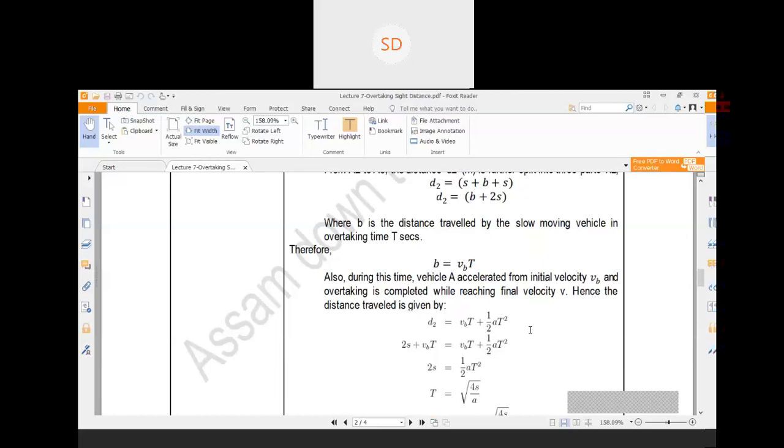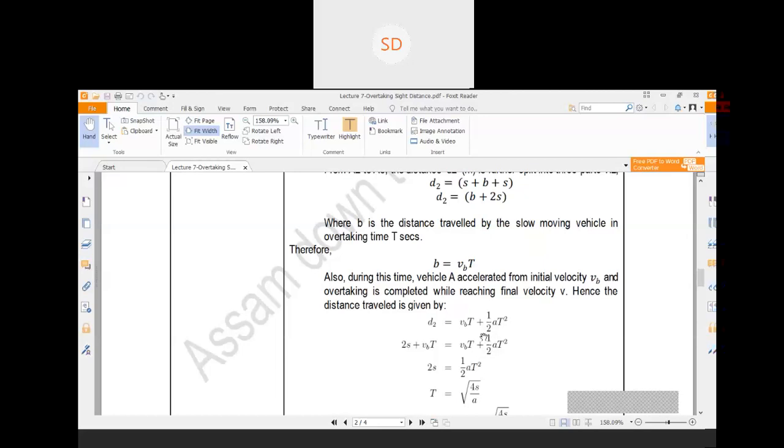Whenever the vehicle was at position A2, the initial speed of the vehicle A was Vb meter per second. But after that, the vehicle A will start accelerating. Suppose that acceleration is a meter per second square.